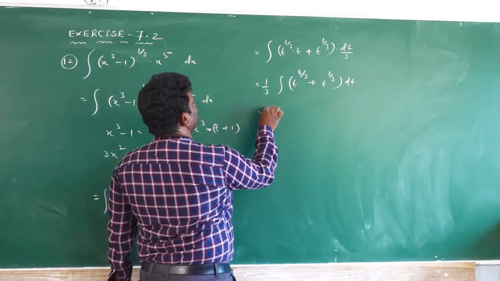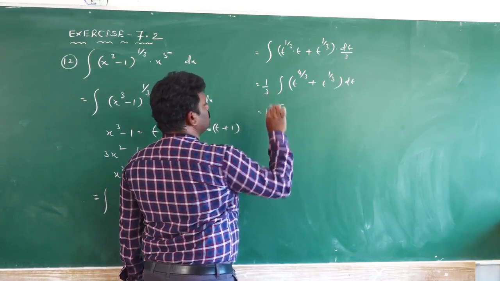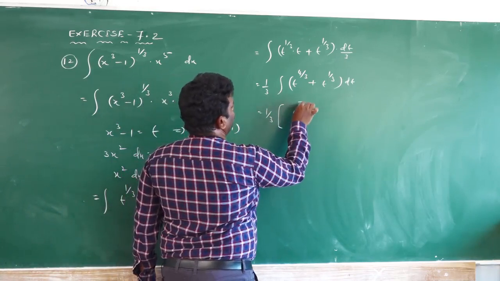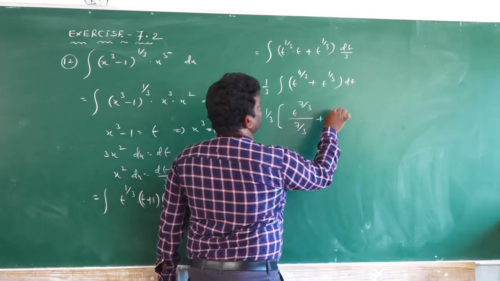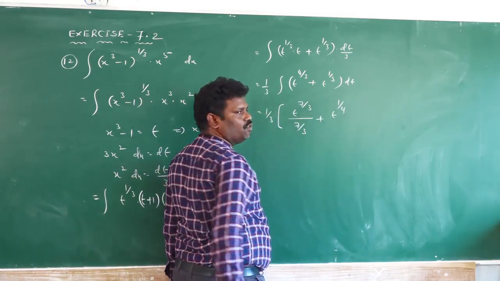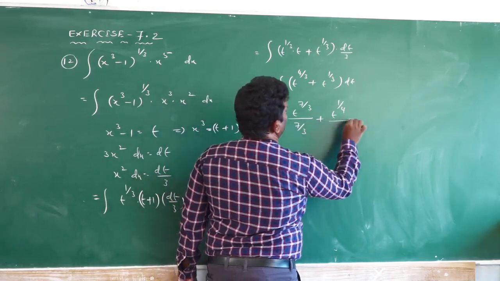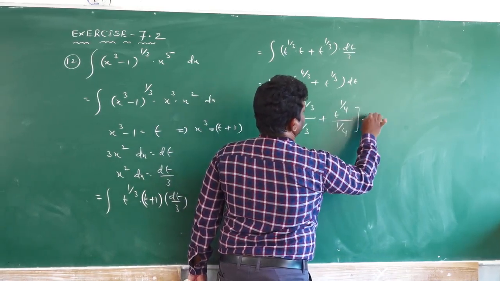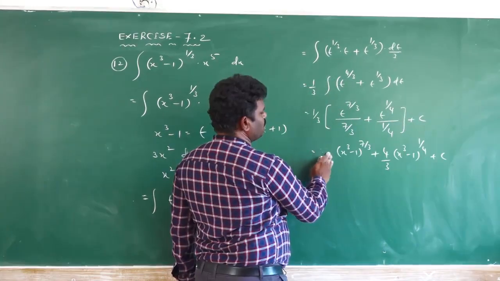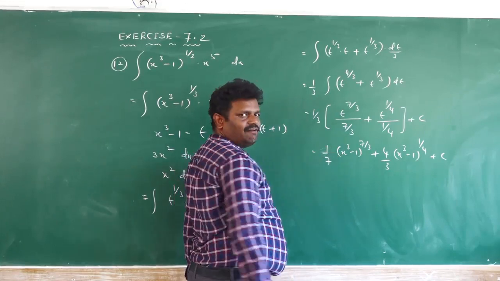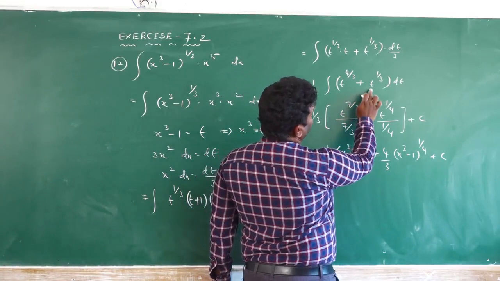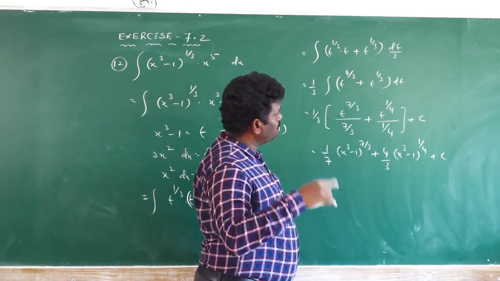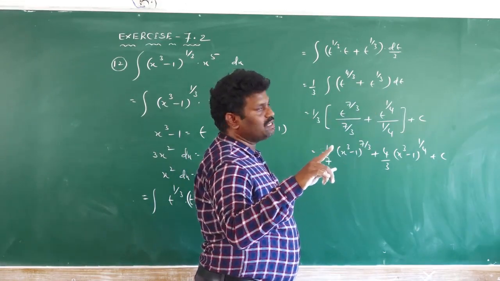Next, that is equal to 1 by 3 times the integral: t power 7 by 3 divided by 7 by 3, plus t power 4 by 3 divided by 4 by 3, plus c. Then the first value is 1 by 7 into x cube minus 1 whole power 7 by 3. Next, integrating t power 1 by 3 means adding 1, so 1 plus 3, 4 by 3.